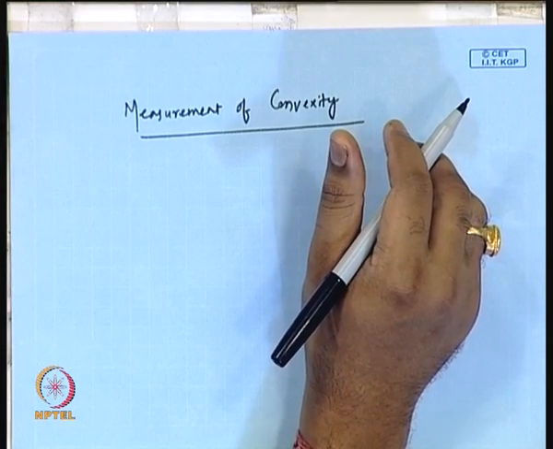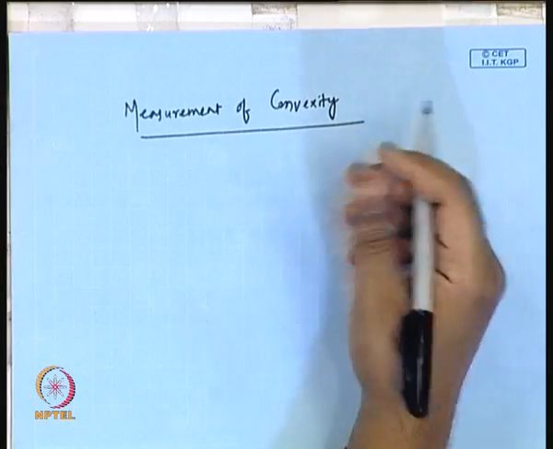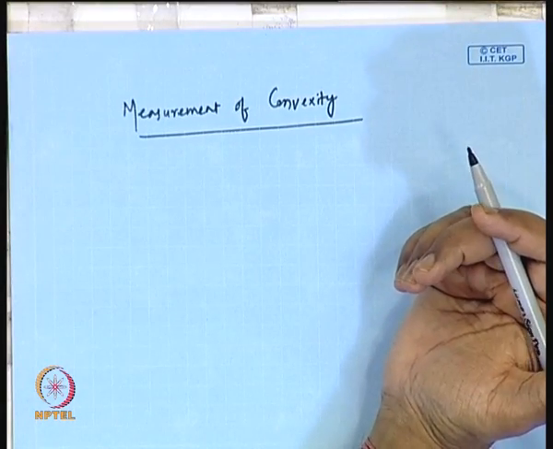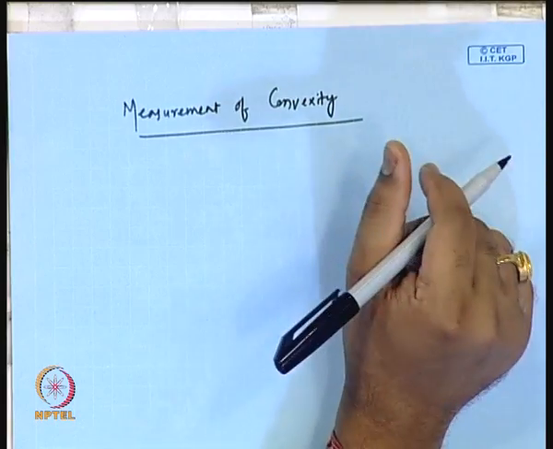The convexity looks a little bit complex, but it can be broken into different steps.